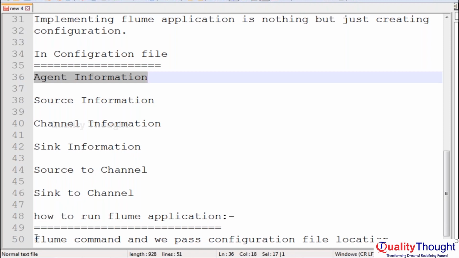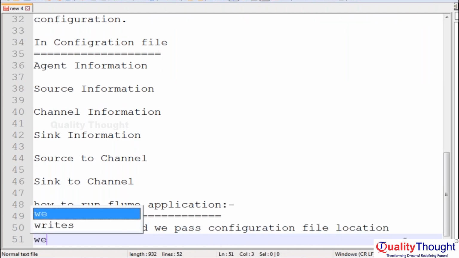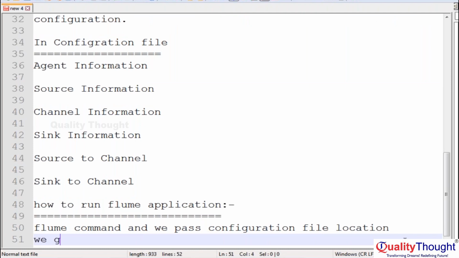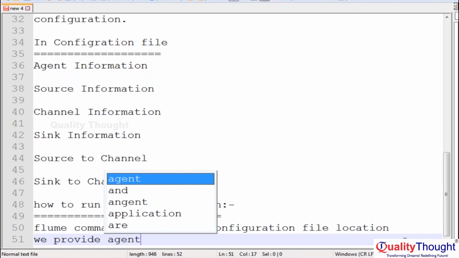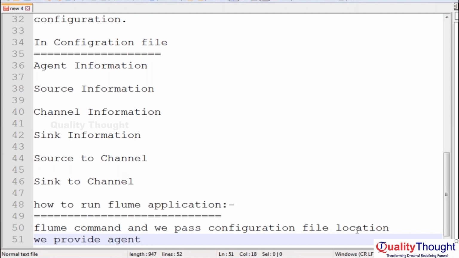While running the Flume command, we say this is the configuration file and give the agent name. Then the Flume command reads the agent name and configuration file, and it will create the agent. Developing a Flume application is nothing but creating a configuration file with this information.